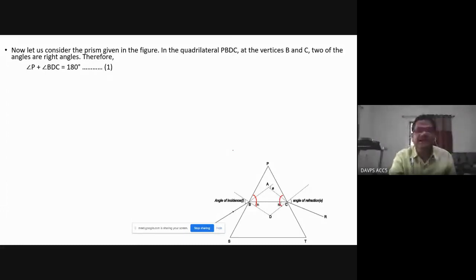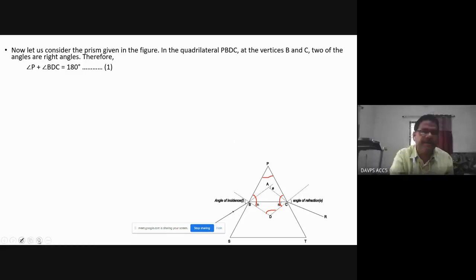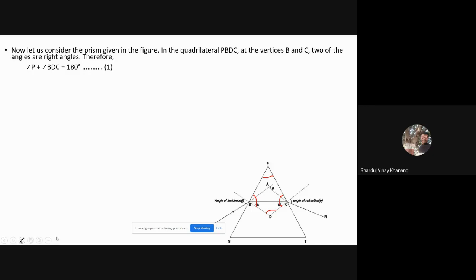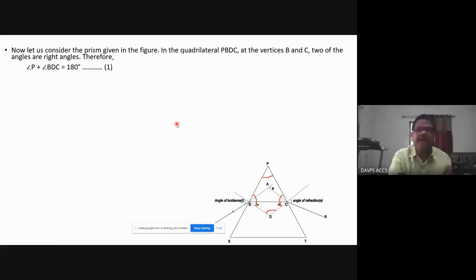That is, P plus BDC equals 180. Clear? P plus BDC is 180.